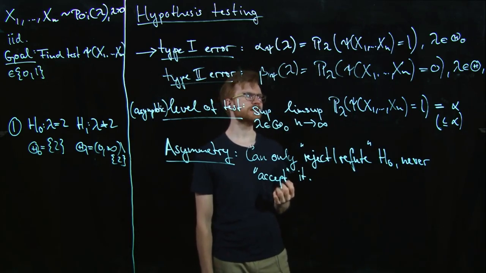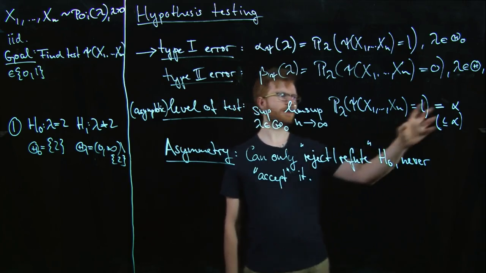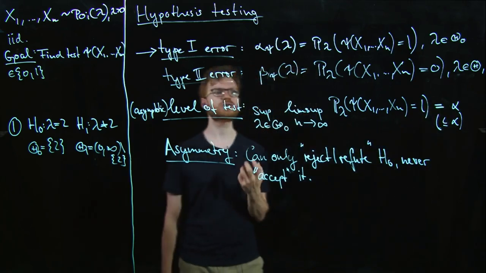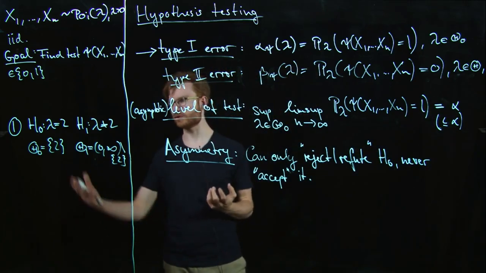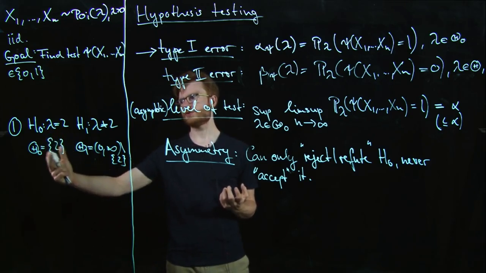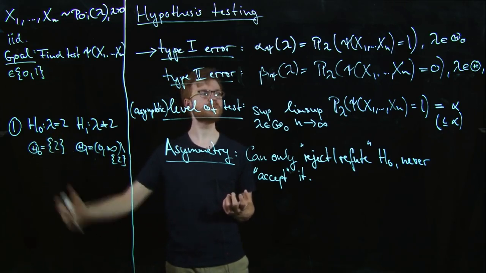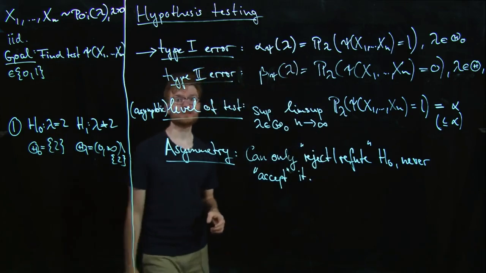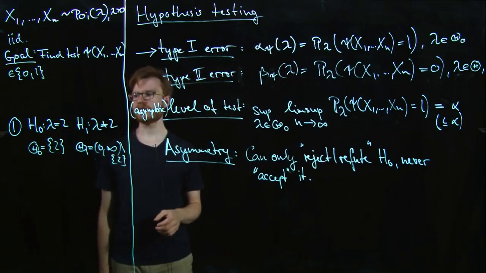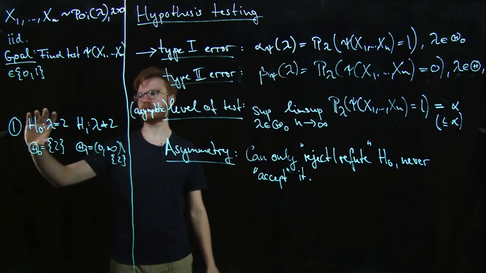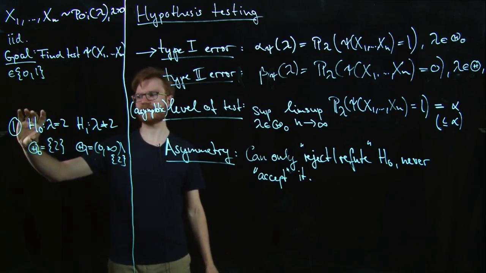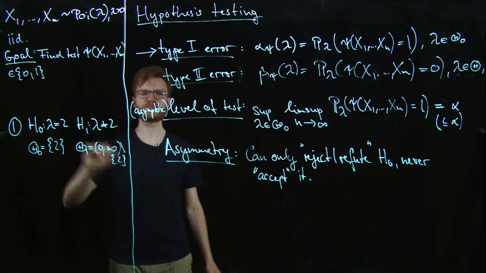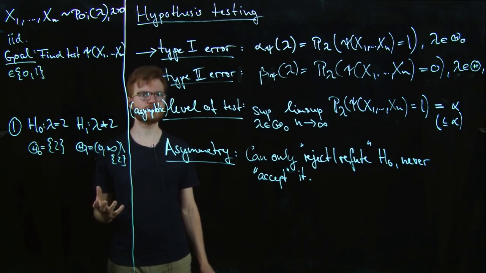If we want to be really certain about this, then often for values close to the true lambda, or to any lambda in theta 0, we'll have a very large type 2 error. So we can never be certain that if we see something that looks like H0, we can never be certain about our decision.